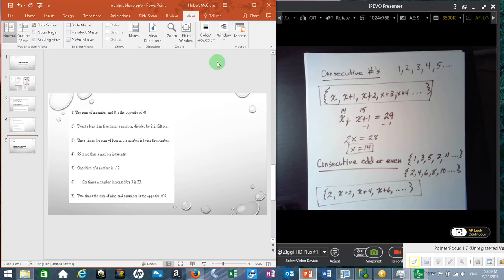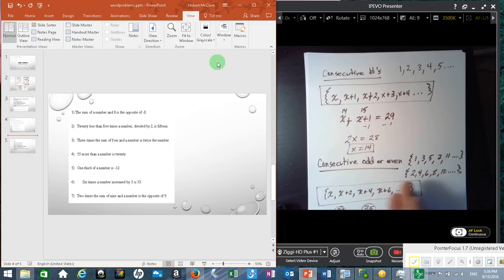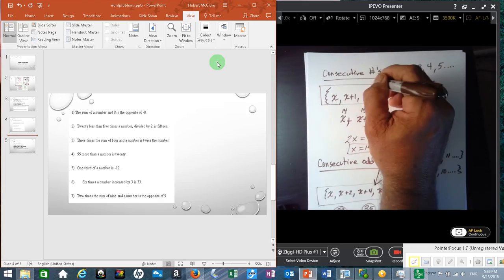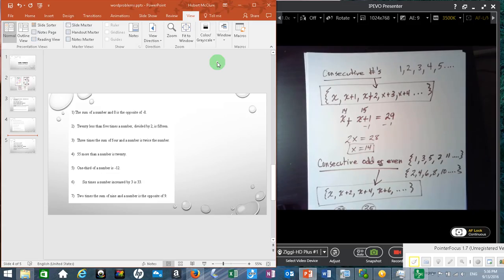So 2x is equal to 66, and x is equal to 33. Therefore, if x is equal to 33, what's the second number? 33 plus 2 is 35, and you add those two together, you get 68. So with consecutive even or odd, again, you use the same formula. With consecutive numbers, you use this formula.